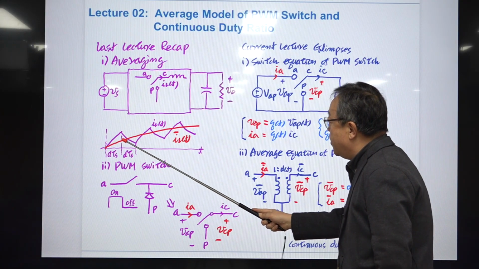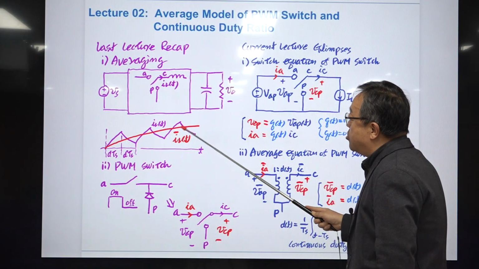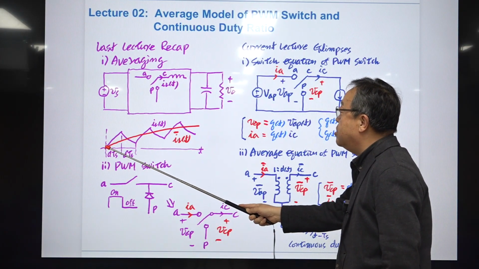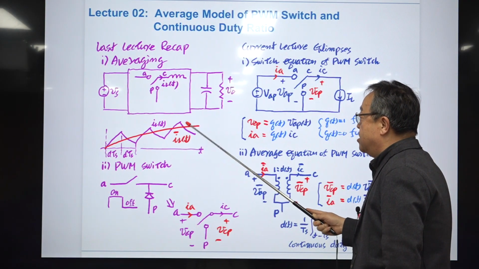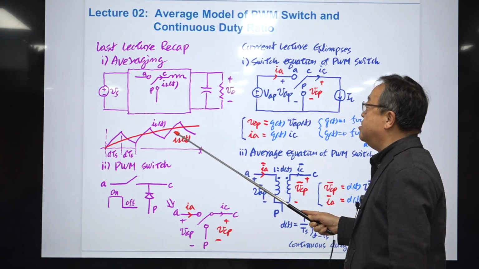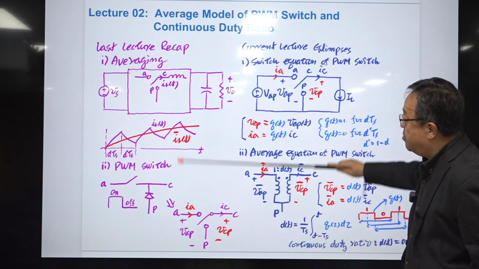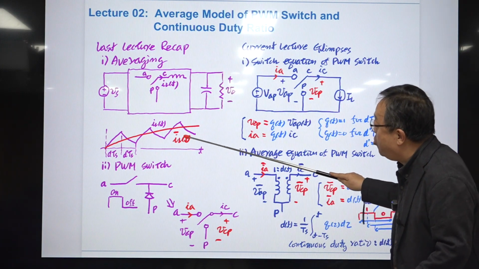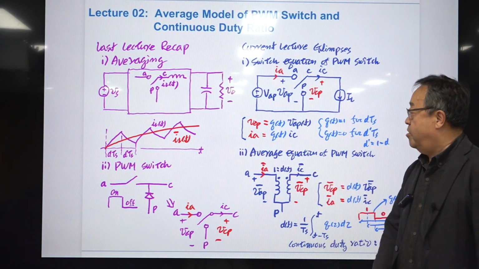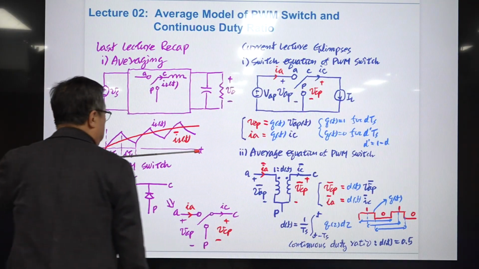So this red one is the response of the average model, and the inductor current of the average model tracks the time average version of iL(t). This iL bar is the time average version of this purple waveform. This bar indicates the averaged circuit variable under the bar here. Okay. So this is the concept of average inductor current.